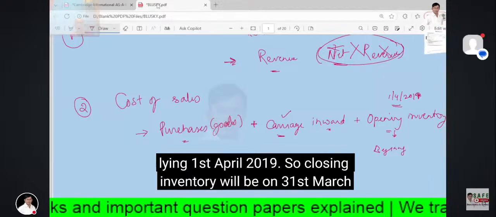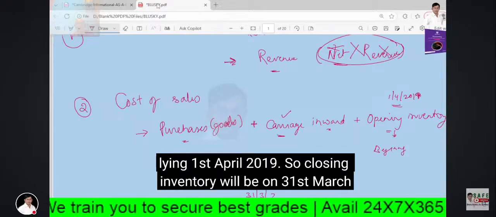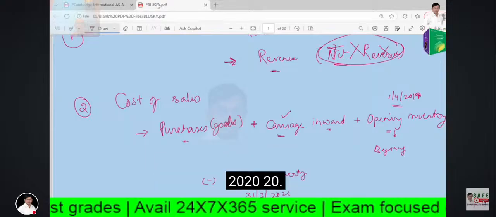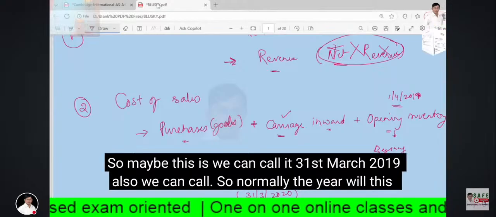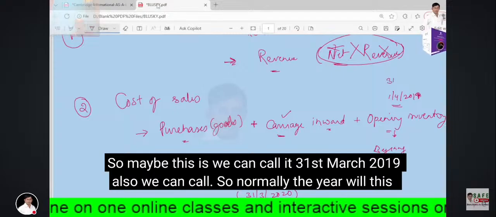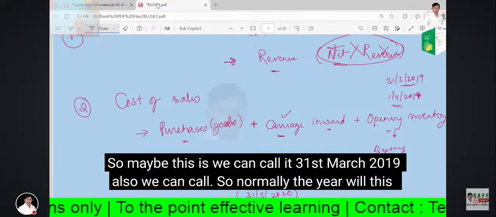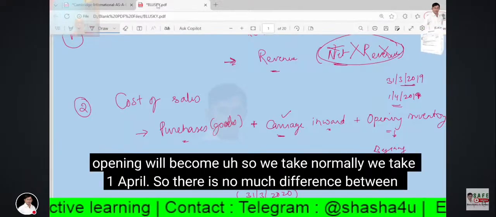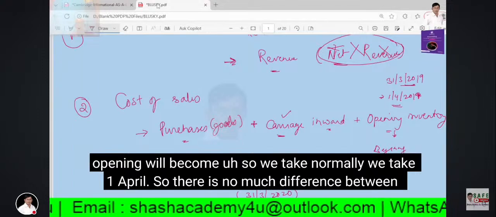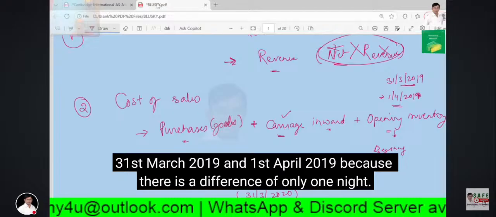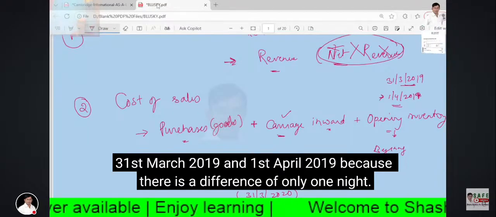Closing inventory will be on 31st March 2020. The opening can be called 31st March 2019 as well. We take 1st April, and there is not much difference between 31st March 2019 and 1st April 2019, because it is a difference of only one night.